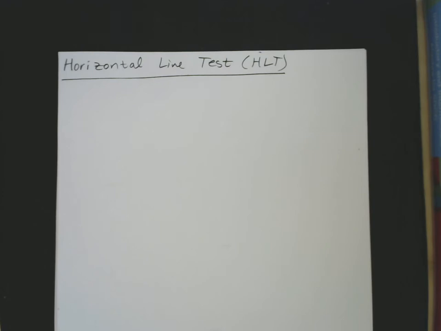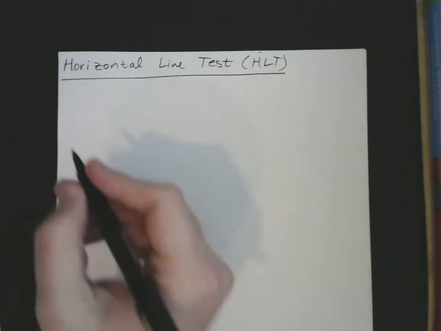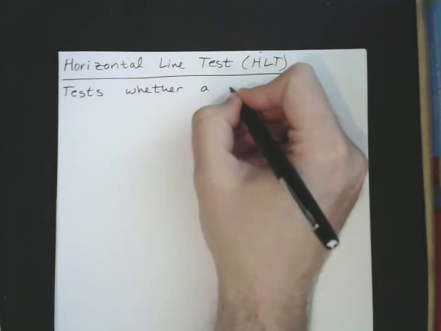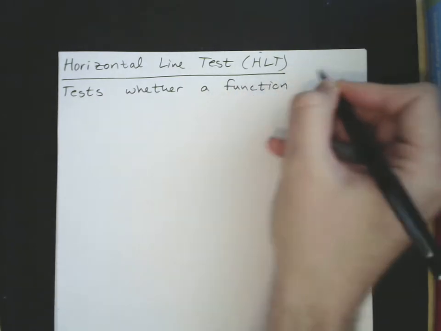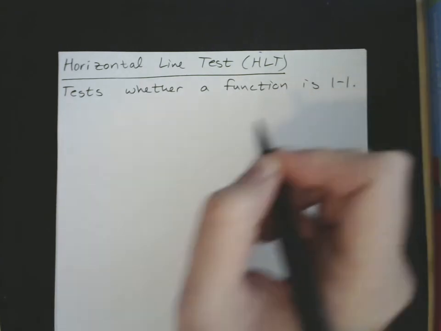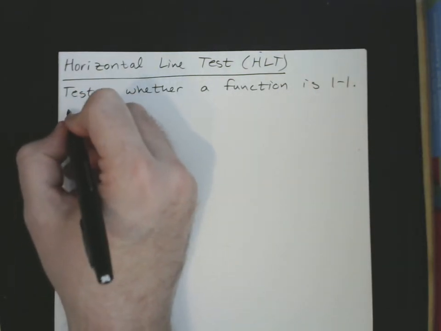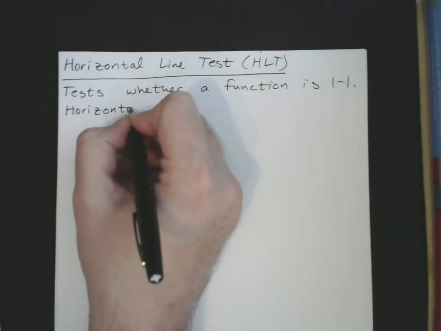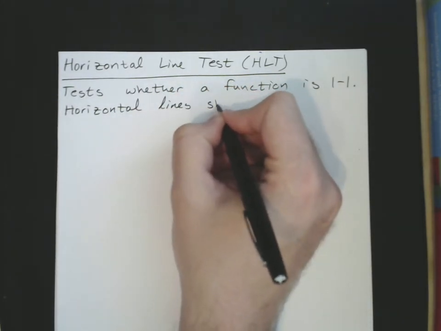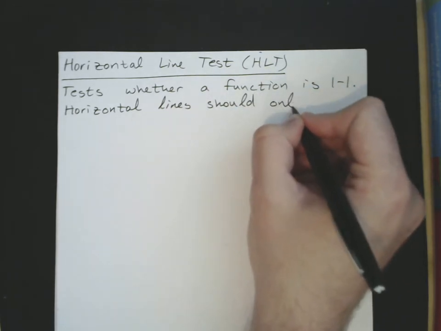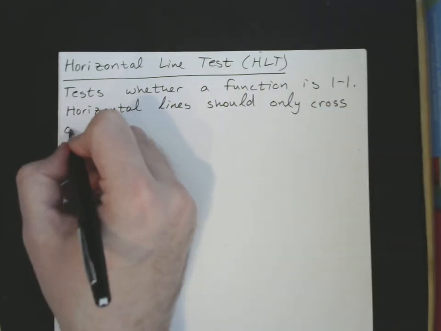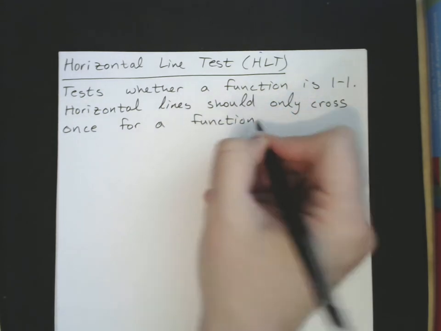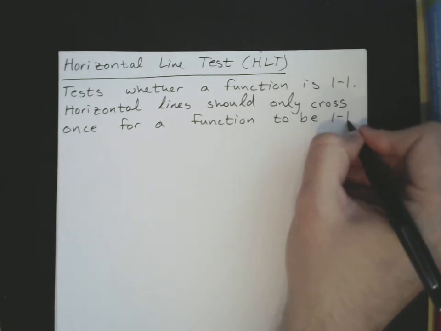And luckily, this works just like the vertical line test, but with a horizontal line. So this tests whether a function is one-to-one, and it says that horizontal lines should only cross once for a function to be one-to-one.